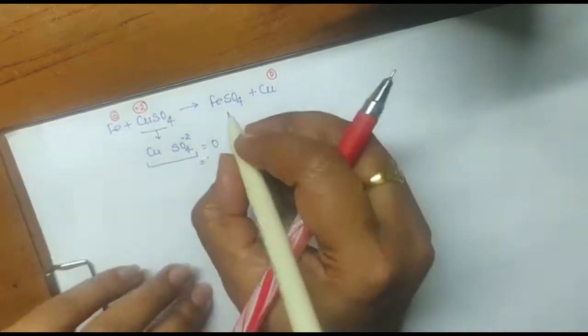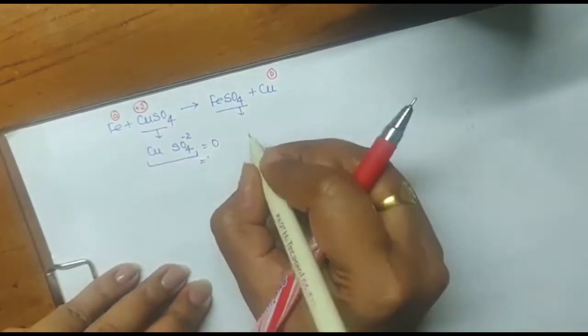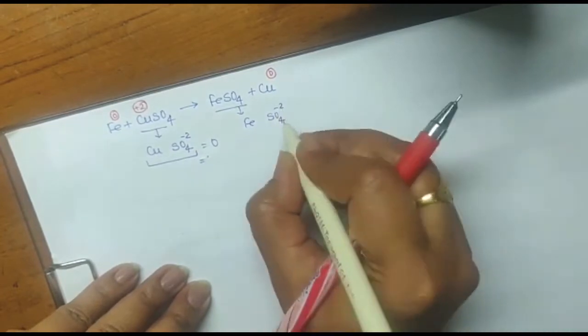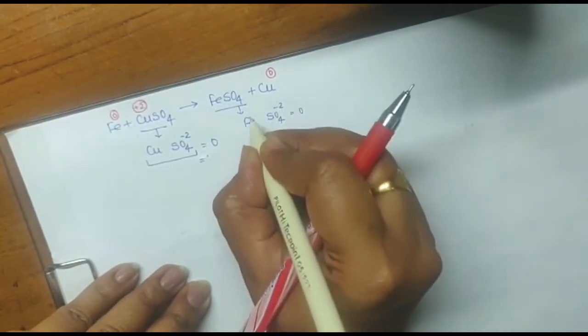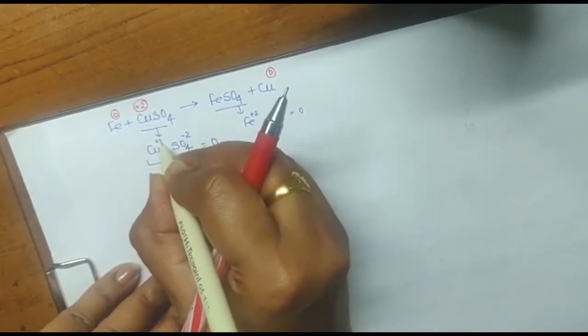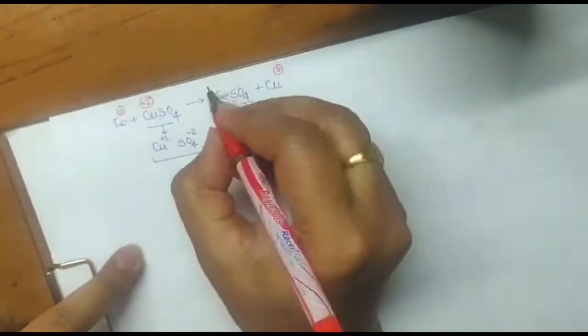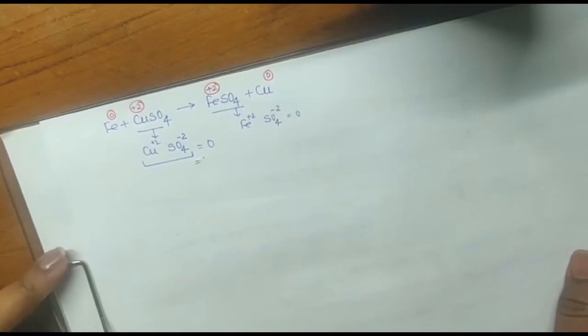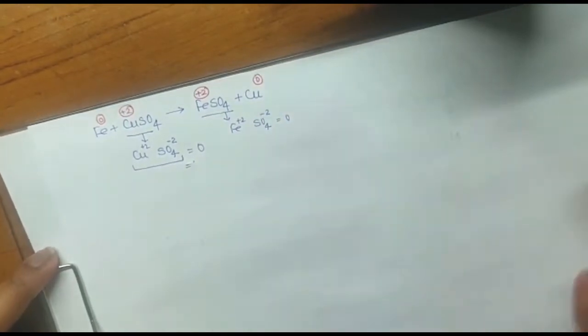Similarly, in this case, we see Fe and SO4. SO4 is -2 charge, so to make it 0, this Fe must have +2 charge. So we'll write +2. Got it? Let's do some examples, then I will tell you oxidation reduction.